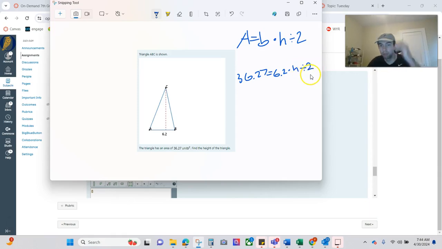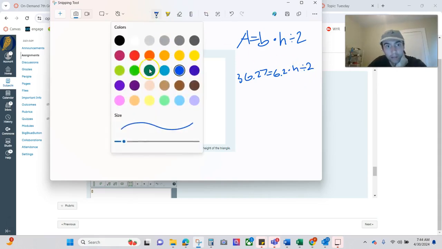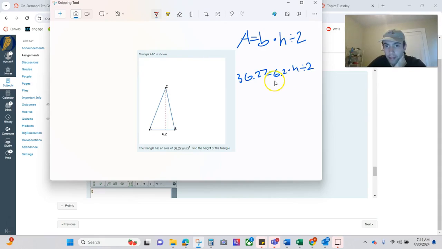So let's do some backwards math here to find our answer. We need to move the 6.2 and the 2 over to the other side of the equal sign, so that way h is all by itself.